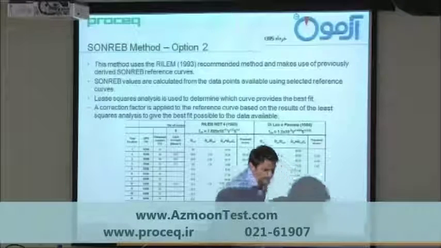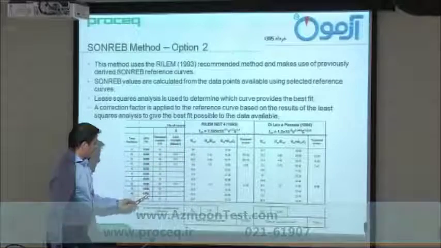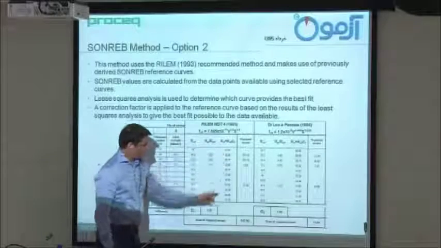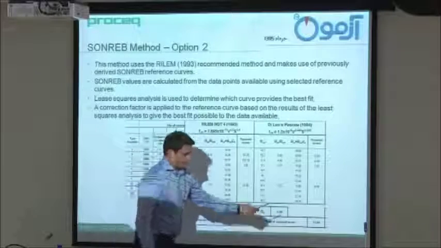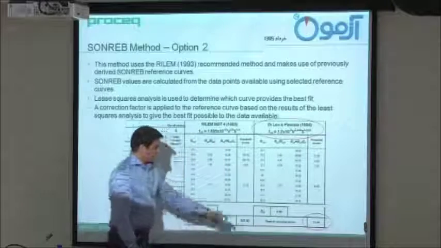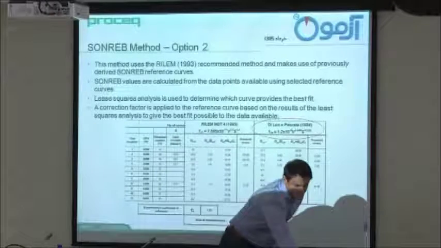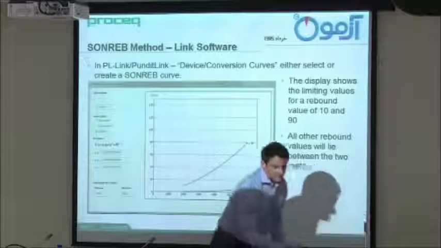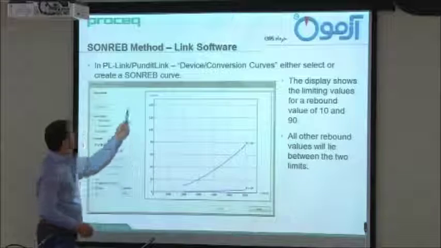Here you can see RILEM, DeLeo. You did your tests, you key it in an Excel sheet, you get the values, and then you take what is matching better for you. This is how the curve then looks like on the SonReb curve.